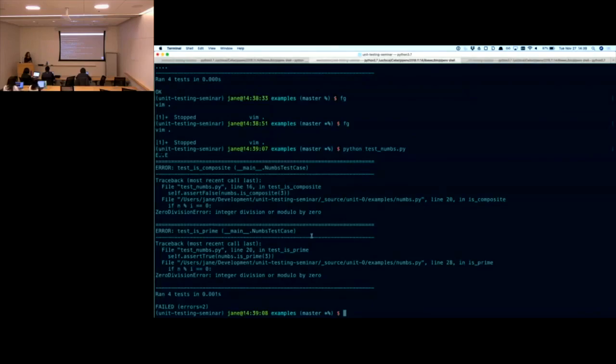I broke my code intentionally so that we could see these errors. But for any errored or failed test, you will get a traceback that looks like this.